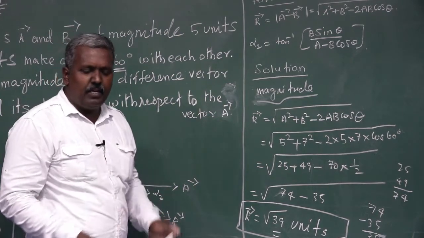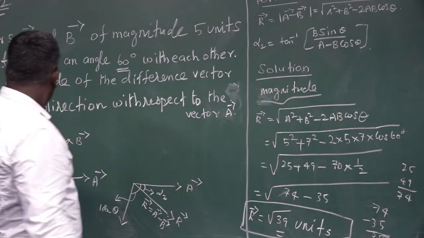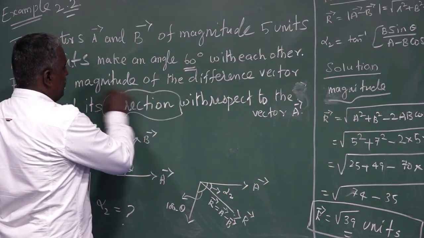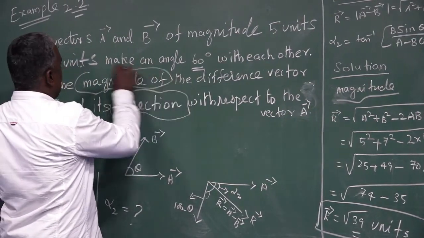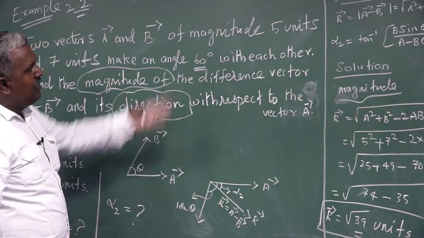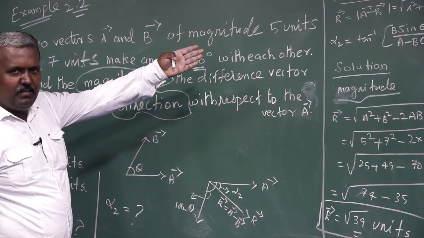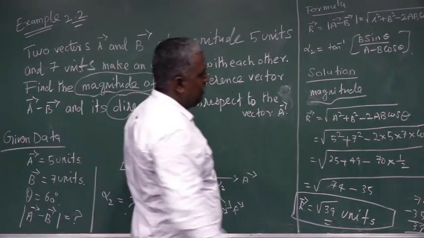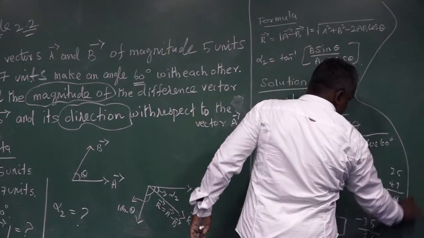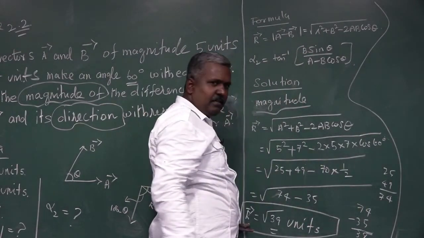Is it finished? Complete or not? No. Again, we should find out the direction. First magnitude, and then direction. Because what is the formula? There is a formula. It is clear? Very simple.